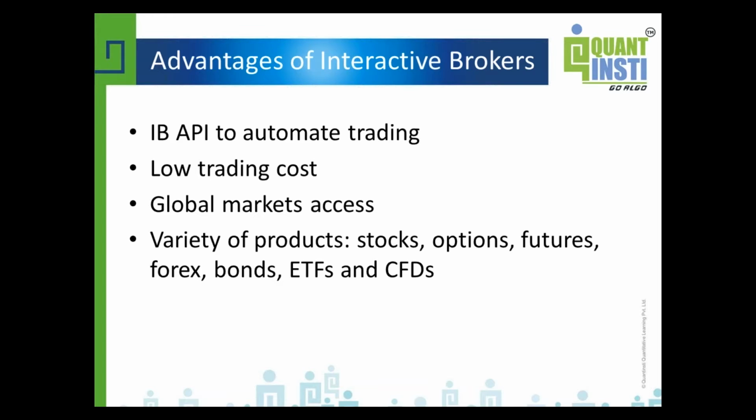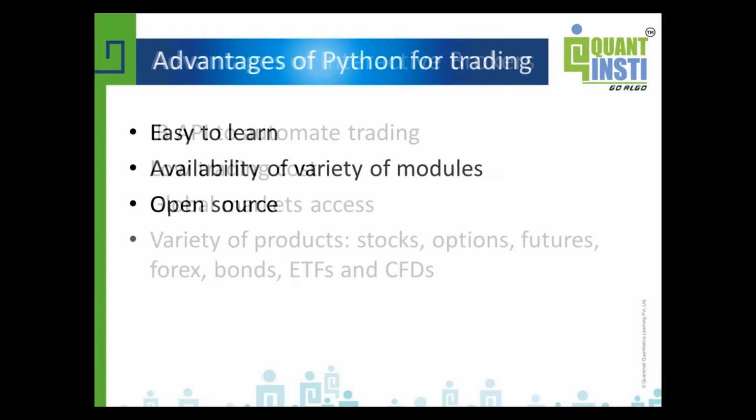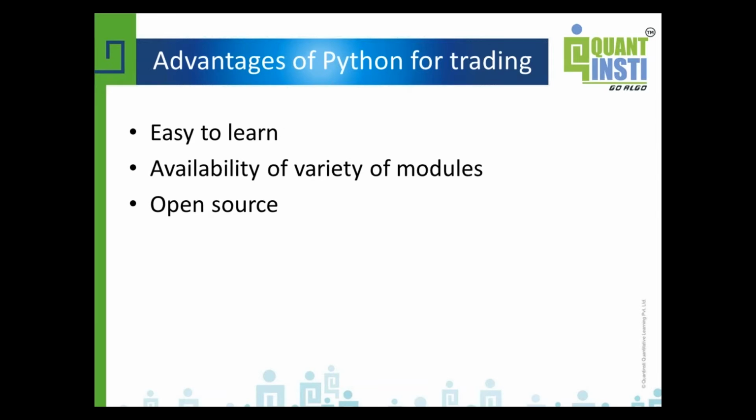Third, IB provides over 100 market centers in 24 countries, and you can easily access global markets at Interactive Brokers. Fourth, IB offers a variety of products, for example, stocks, options, futures, and forex, and so on. You can easily trade them and use automated programs to realize your strategies. It's very powerful.